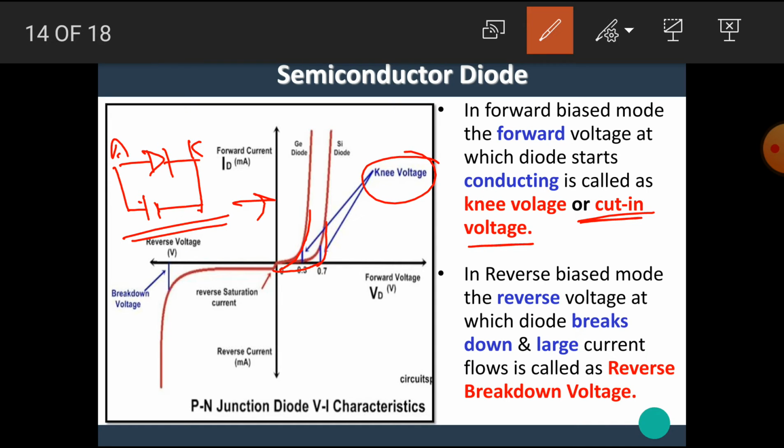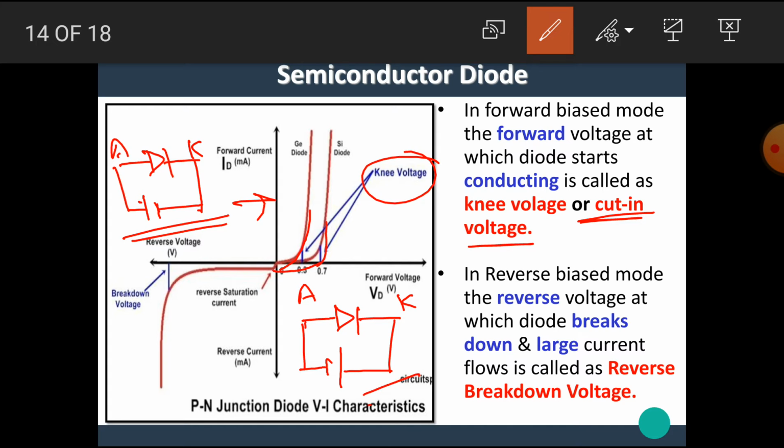Similarly, in reverse bias condition, the connections are very simple. That means the opposite of the connections in the PN junction diode in forward bias mode. That means the anode is connected to the negative terminal of the battery, and cathode is connected with the positive terminal of the battery.